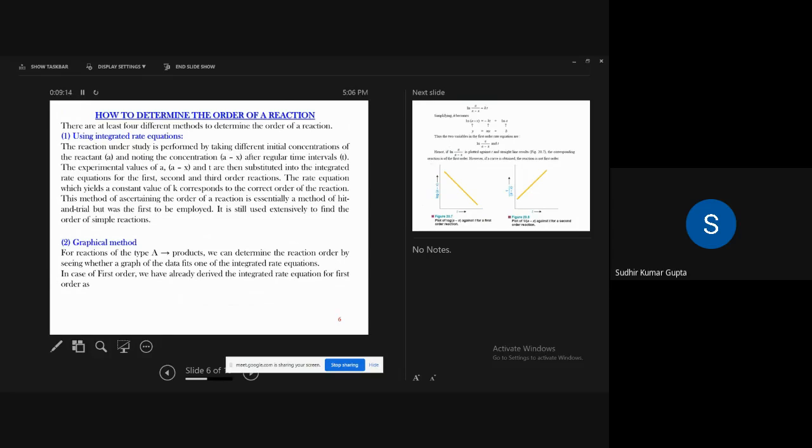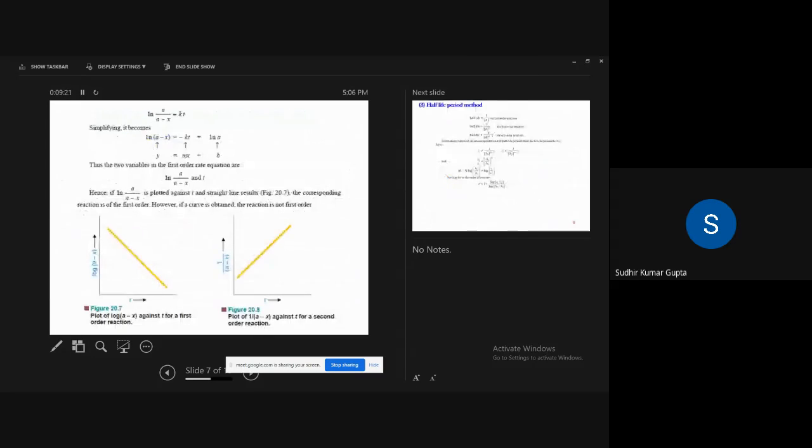And the other part, the graphical representation of the dependence, is used in the second method. For first order reaction, log of a minus x and t are inversely proportional, so it will decrease.